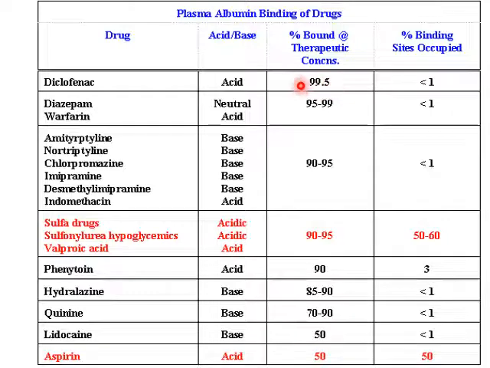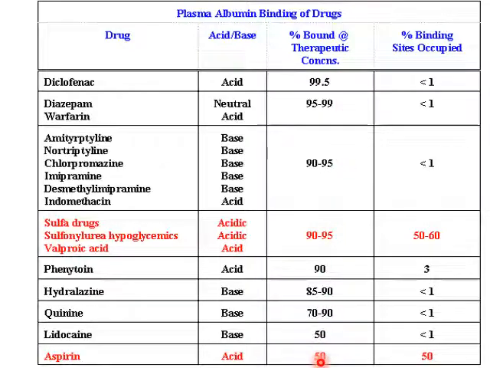It has a very high protein binding, 99.5%. So if we had 200 molecules in plasma, 198 of them would be associated or bound to albumin at any point in time, and 2 molecules would be unbound.